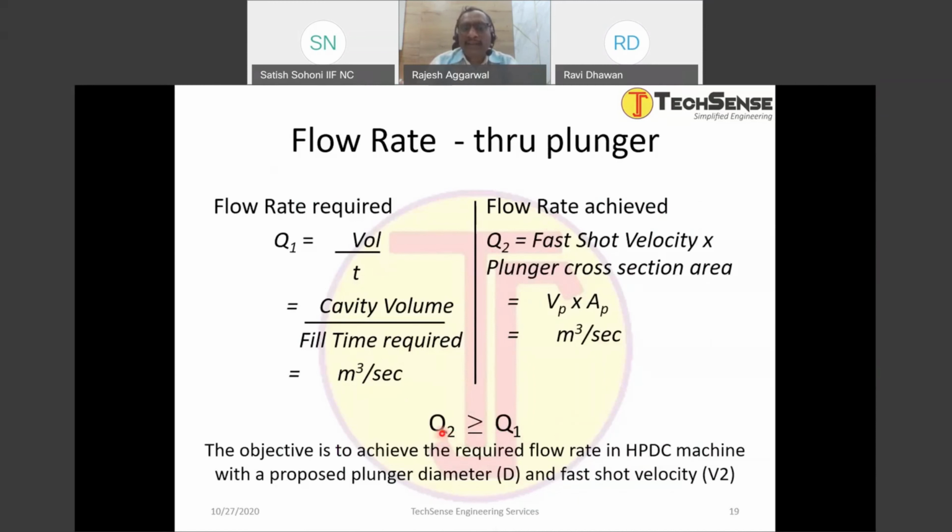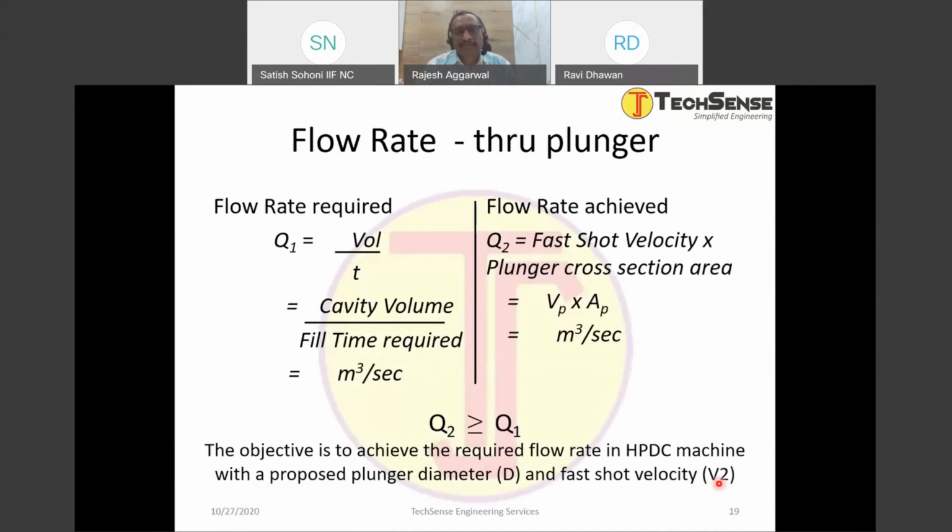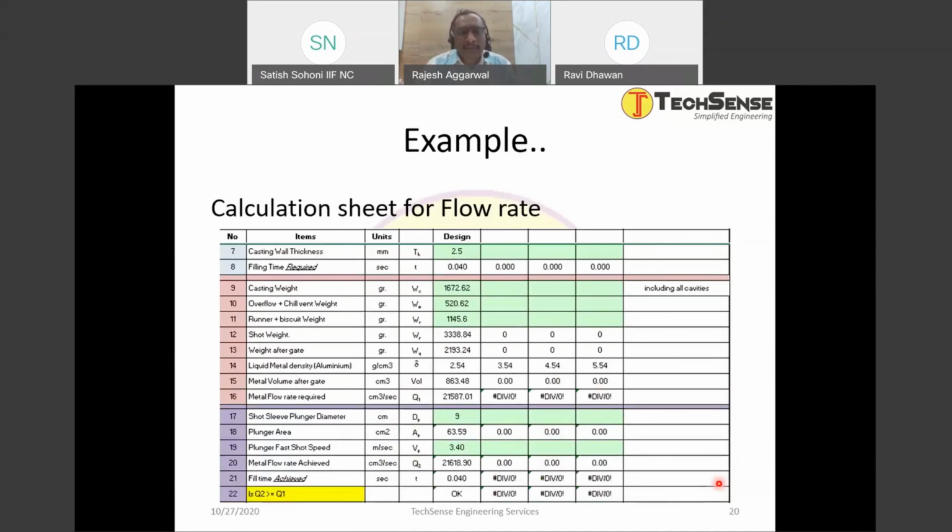By equating these two formulas, cavity volume divided by the fill time equals plunger speed times the plunger cross section area. The objective over here is to achieve the required flow rate in the HPDC machine with the proposed plunger diameter and the fast shot velocity. Now, we can put this basic formula, Q1 and Q2, simply in an Excel sheet.